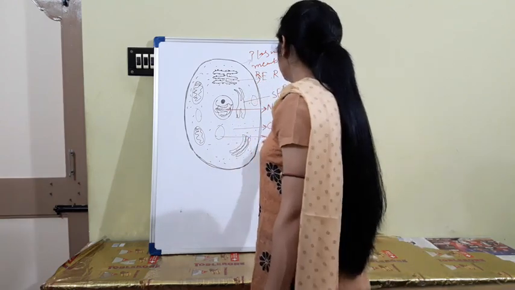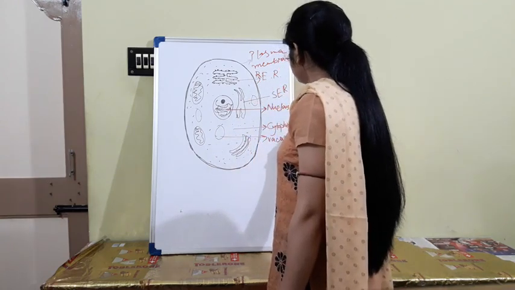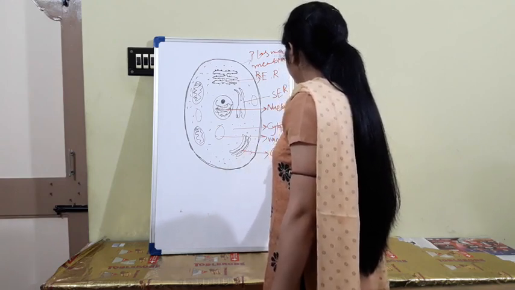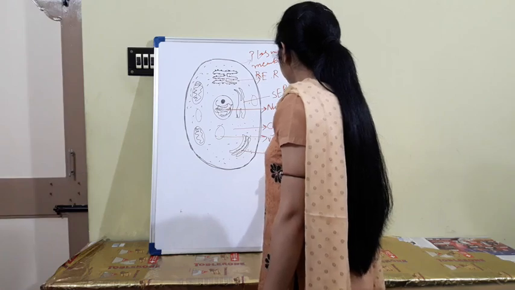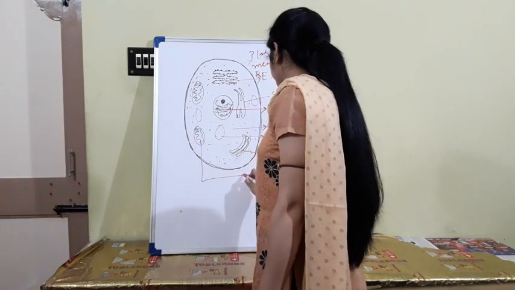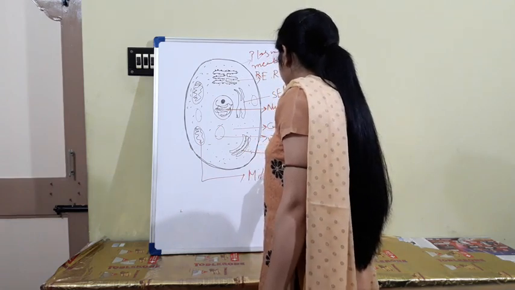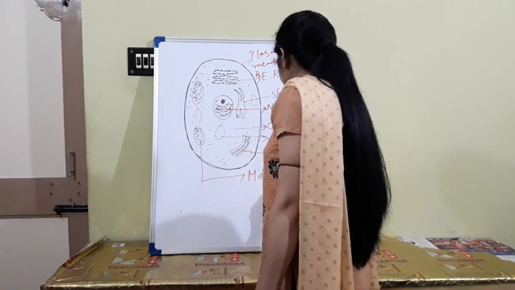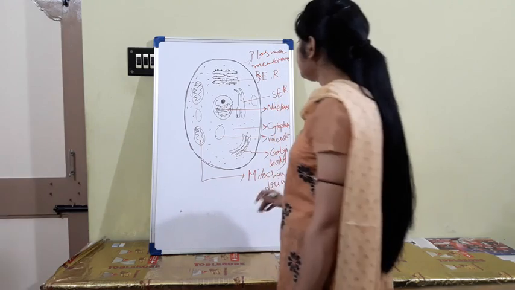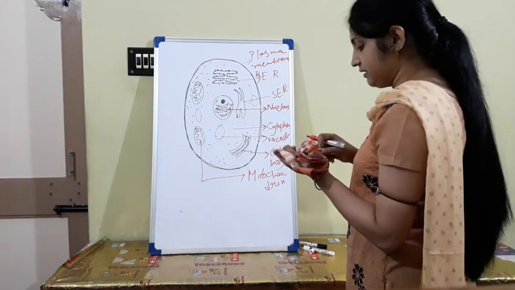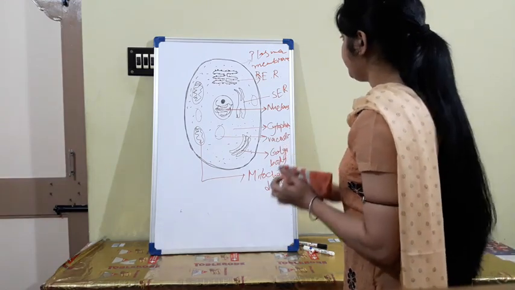This one is the vacuole. This one is the Golgi body, a bag-like structure, lysosome is also present. This one is the mitochondria, the energy store of the cell. So this is the basic structure of a cell, and it is the structure of an animal cell.